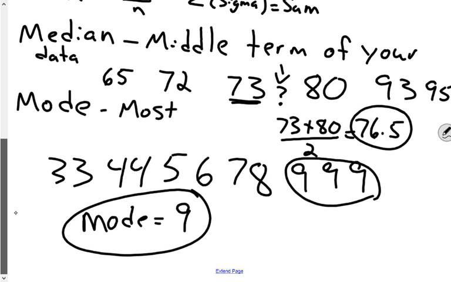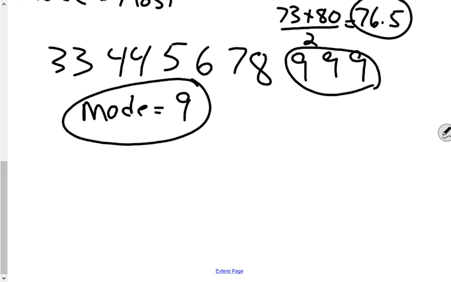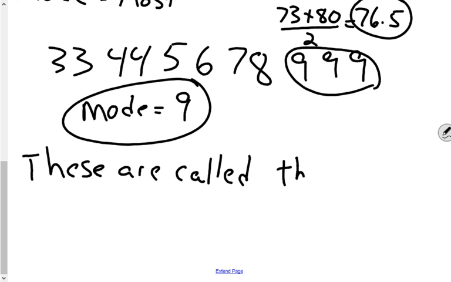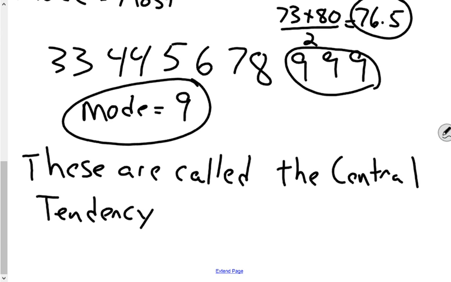So we call these the central tendencies.